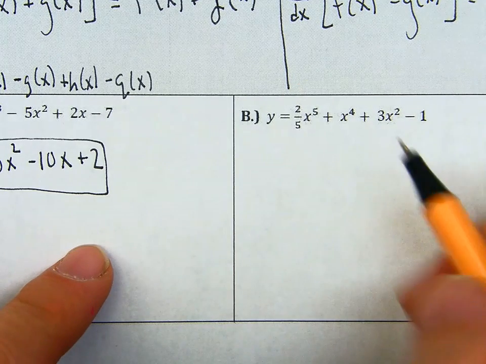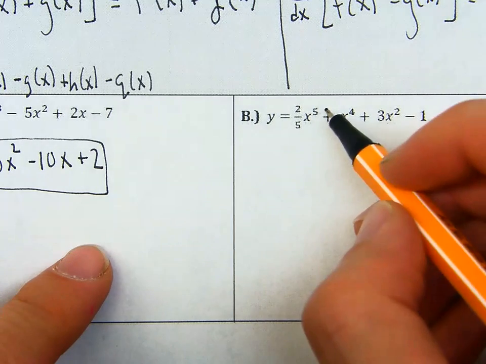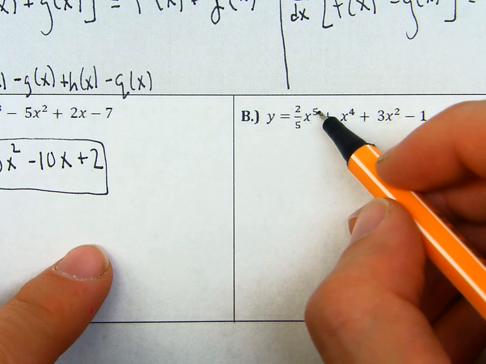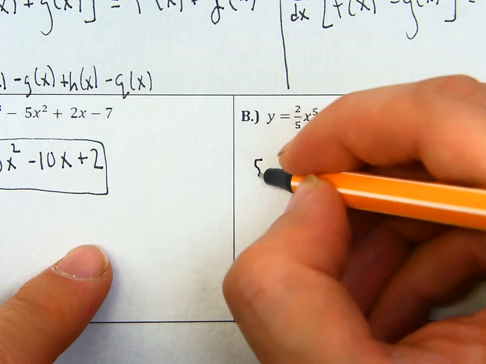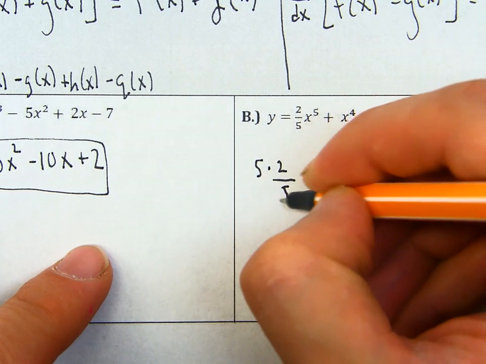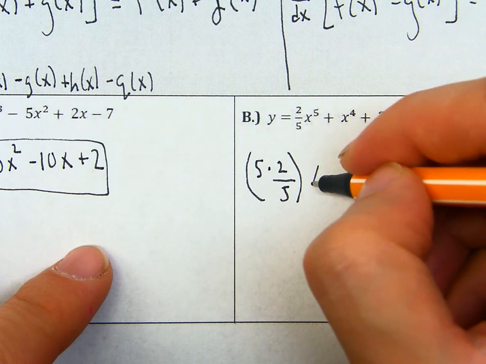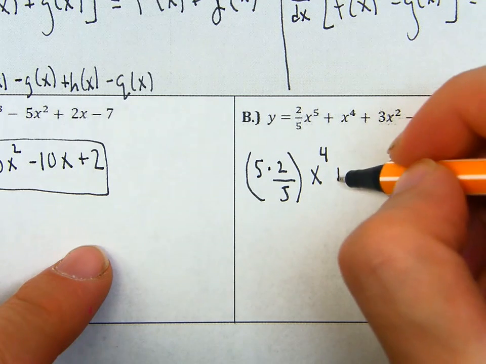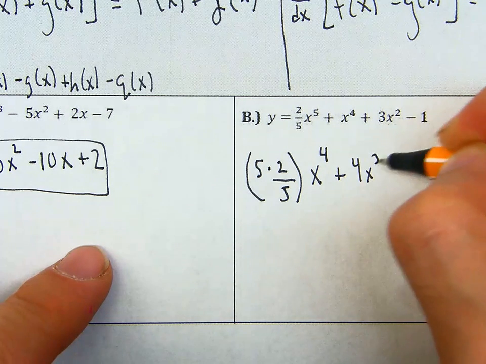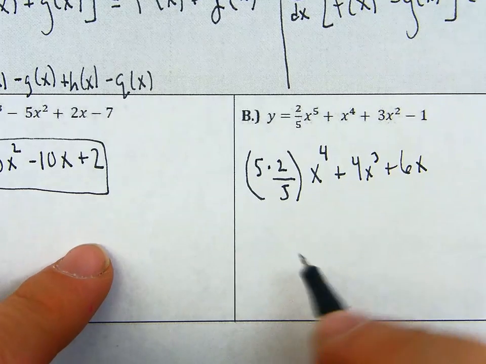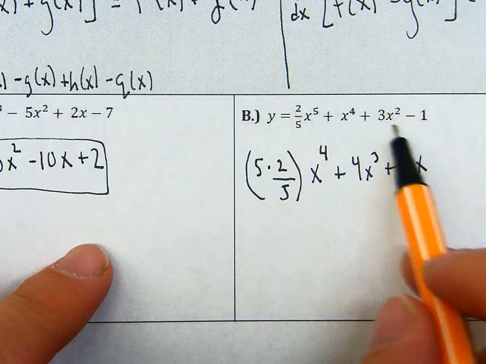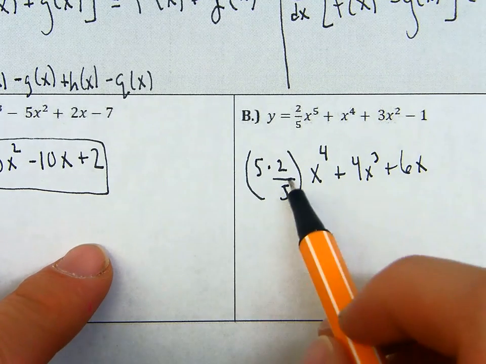Right. And let's say you want to see, 5 times 2 over 5, right? And then this is x to the 4 plus 4x cubed plus 6x, right? And the derivative of negative 1 is 0.